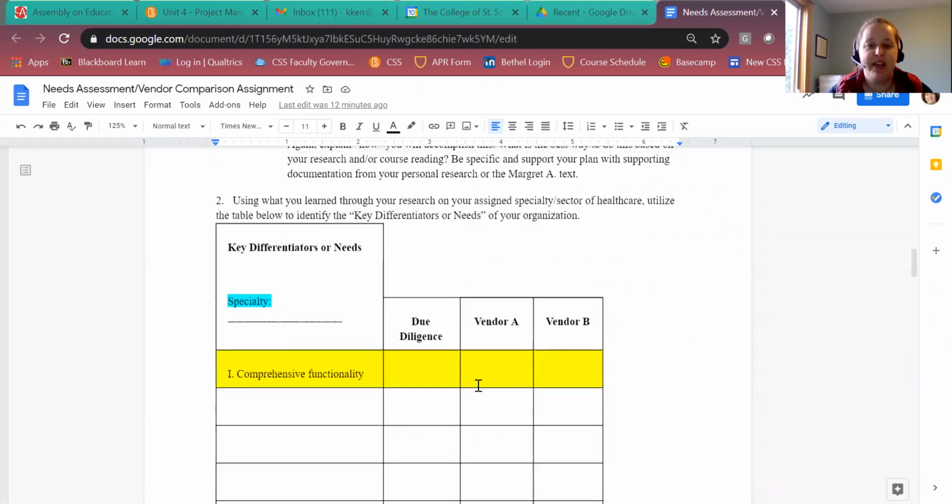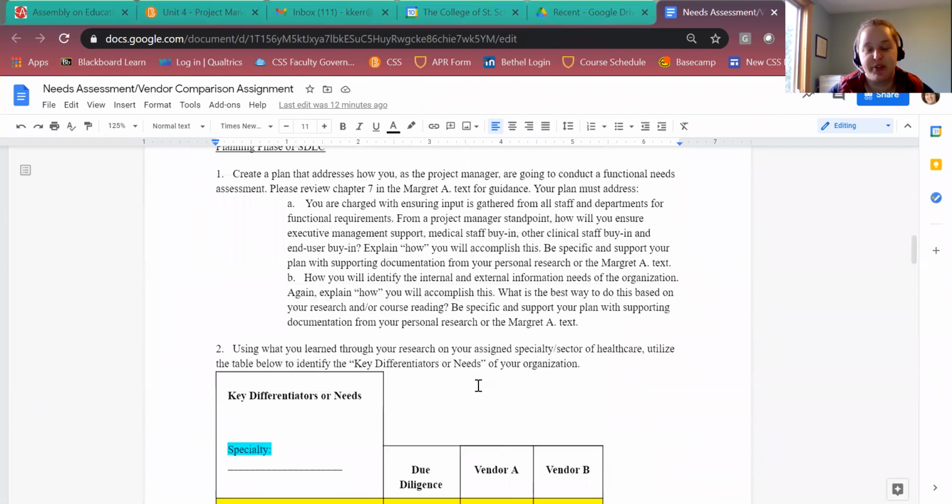The first thing you need to do is research your sector of healthcare. Find out what is unique about it compared to the primary care clinic or the acute care hospital, and what their needs are. As part of this first planning phase, you are going to create a plan that addresses how you, as the project manager, are going to conduct a functional needs assessment.